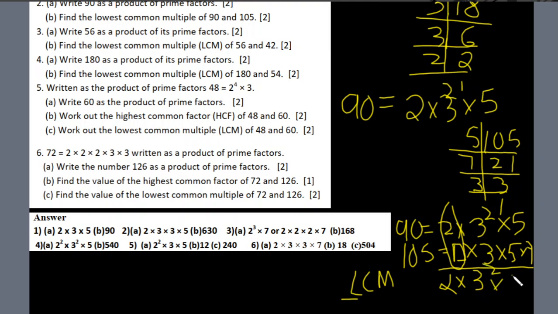So 5 is the highest. Then we have 7 and no 7. So 7 is the highest. So the LCM is again 2 times 3 square times 5 times 7, which gives us 630. So same answer as before, but this time we've used the prime factors to find LCM.